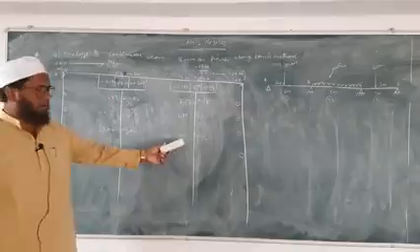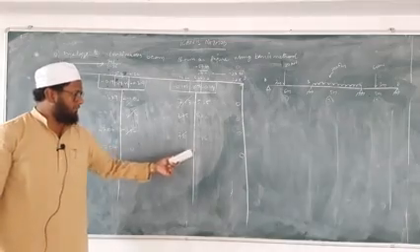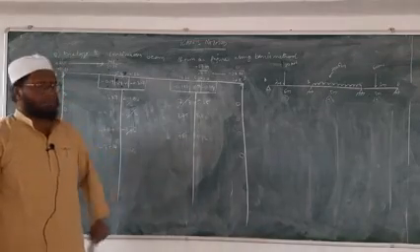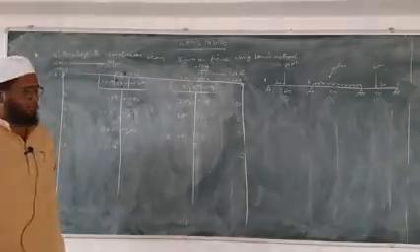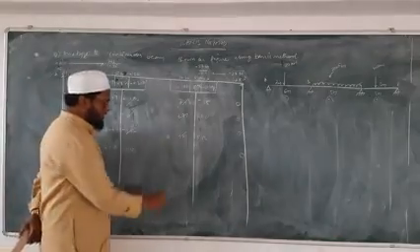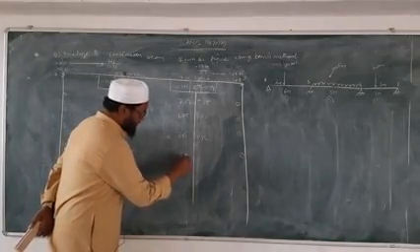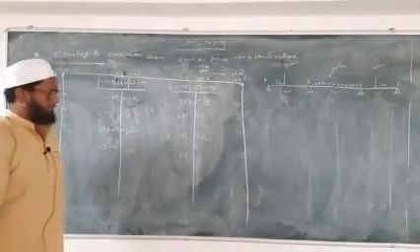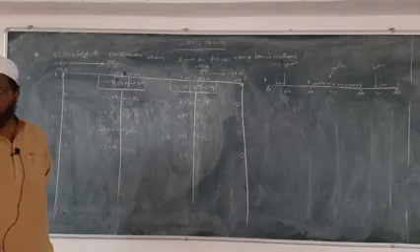Since we have used this value, I have cancelled this one. 11.43, 15.98 into 0.285, we get almost the same, 7.81. Able to understand?